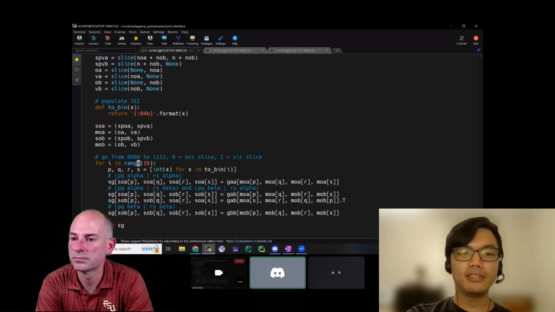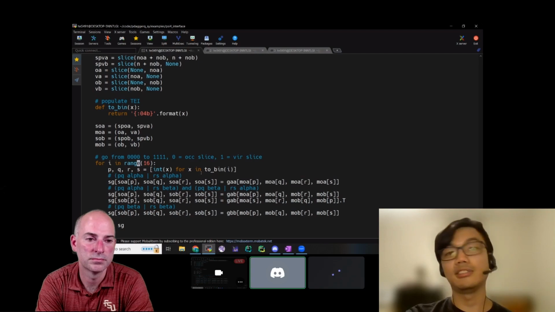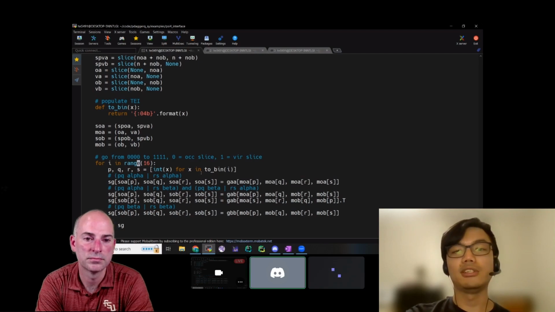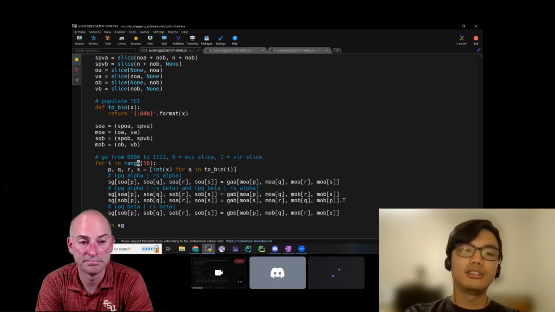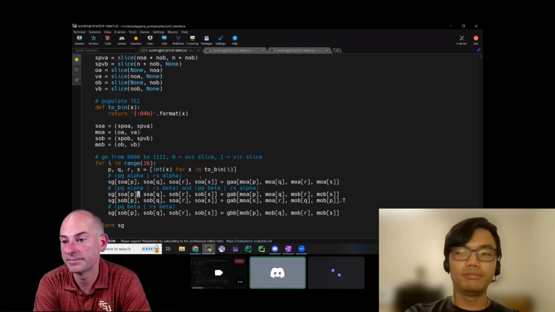So you have the alpha alpha case, the alpha beta, beta alpha, and beta beta case for the two electrons. And then you just return the objects. So that's how we deal with basically generalizing this to open shells, right? Cool.